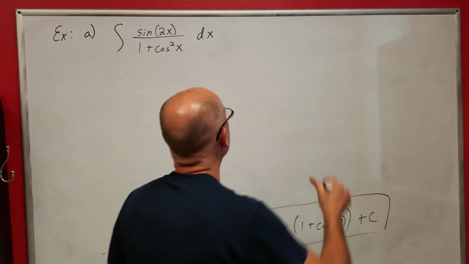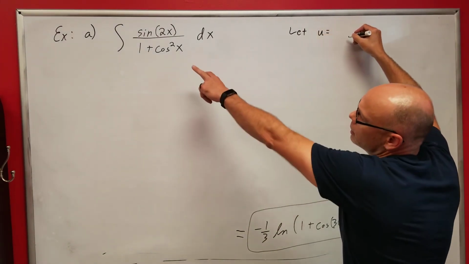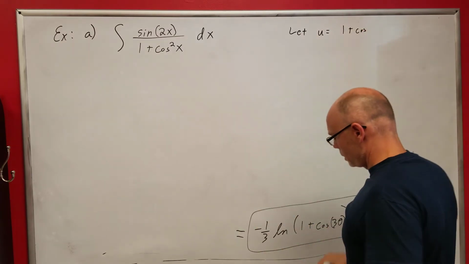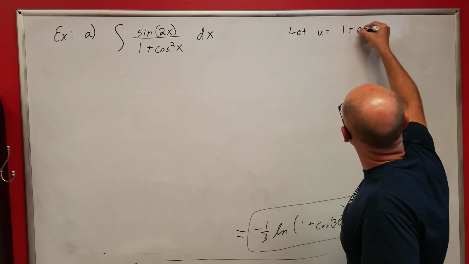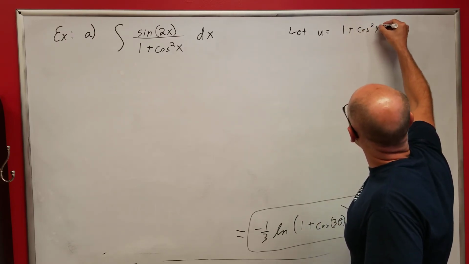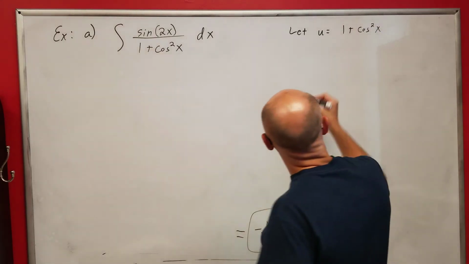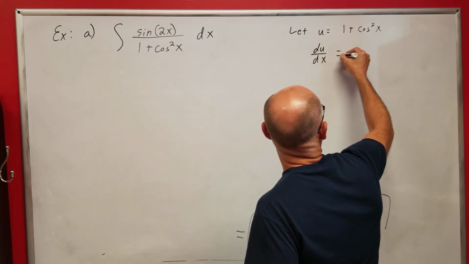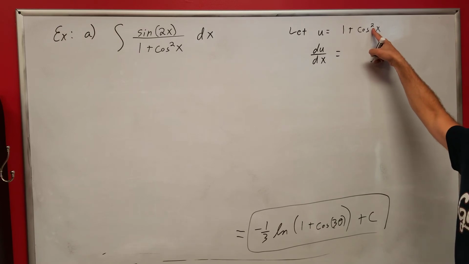All right, so I'm going to let u equal my denominator, 1 plus cosine of x squared. And let's take the derivative of u with respect to x. That'll give me what? Remember, this is squared, so I've got to use the chain rule.